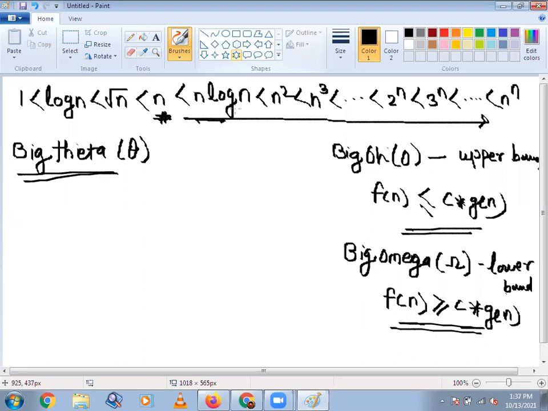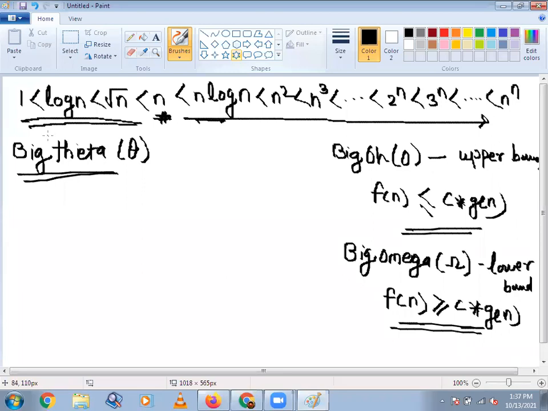If we put any value of lower bound, it will satisfy. Now we are going to see the concept big theta.